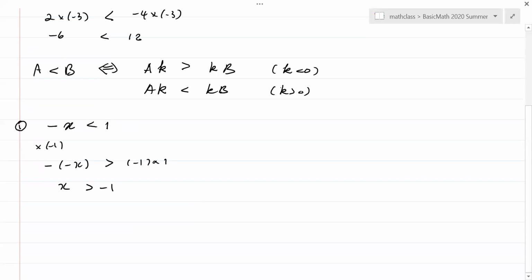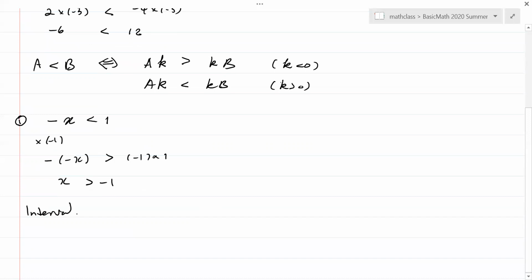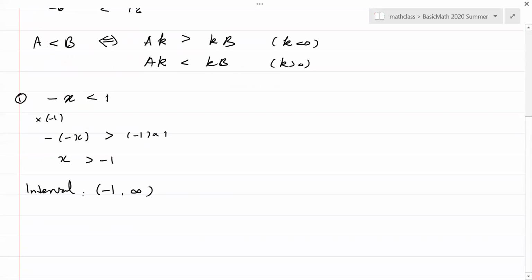So how to describe the solution? There are two different ways to describe it. One is using interval notation: x greater than -1, so from -1 to infinity, but -1 is not included, so that's just parentheses. Another way is using the coordinate line.